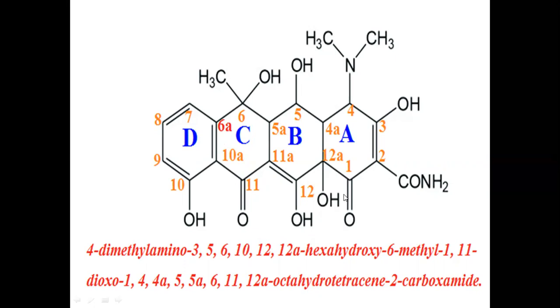Again, I am explaining. First point, the presence of the keto-enol system between C2 and C3 is essential for antibacterial activity. Any modification of this system results in loss of activity. Second point, the presence of the amide functional group is essential for the antibacterial activity of tetracycline.